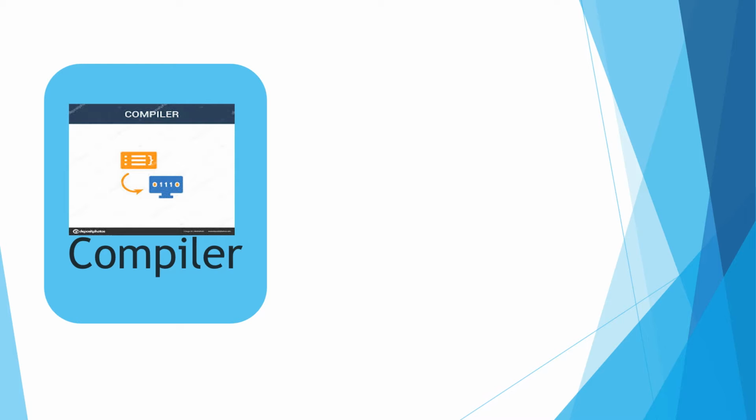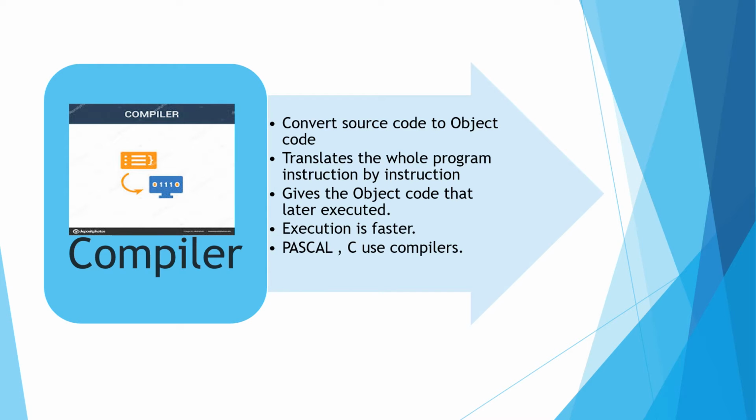Now we see the compiler. A compiler translates the whole source code, instruction by instruction, and gives us the object code for the whole program, and this object code is executed later. Hence a compiler generates another file which contains the machine code, or object code, that can be executed later.